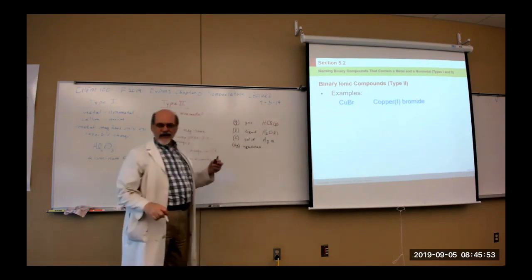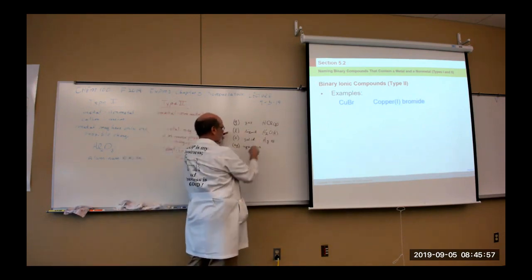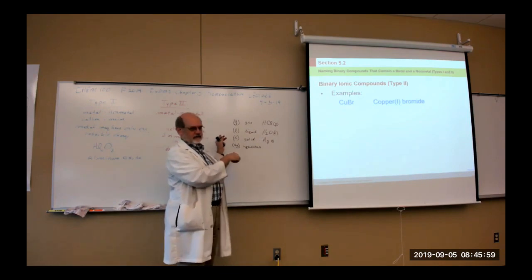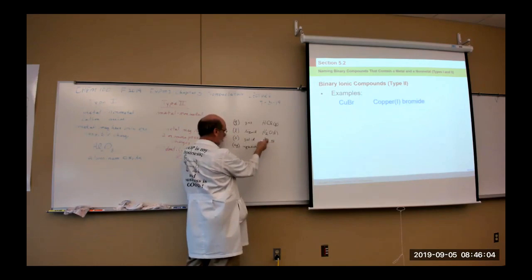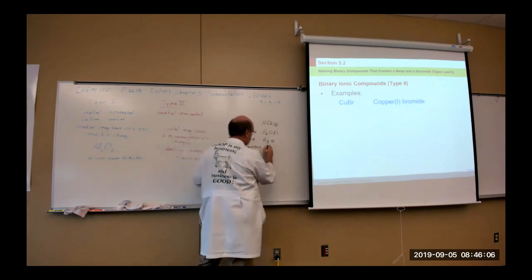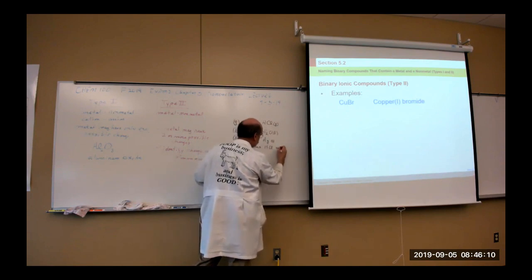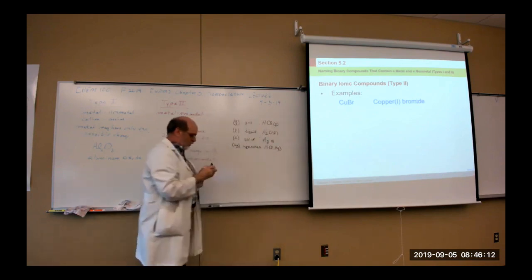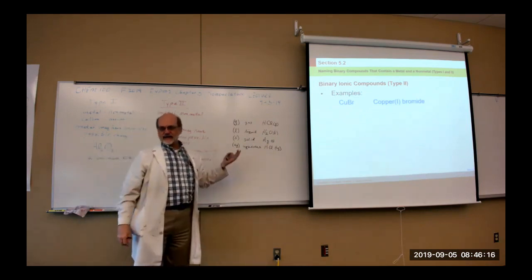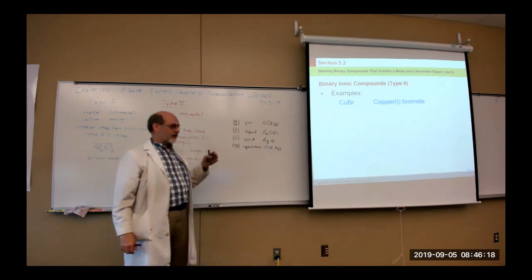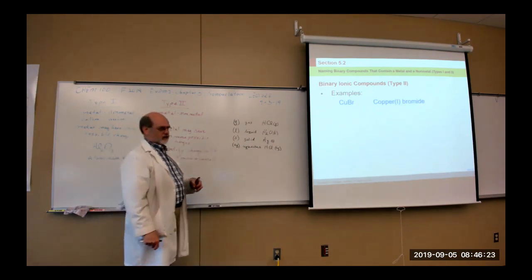Hydrogen chloride, gas. Water, liquid. Dihydrogen oxide. Solid, this is silver, solid. And then aqueous, if we take that gas and dissolve it in water, we get an aqueous solution of hydrogen chloride. And then we use the acid naming convention that we'll get to before the end of this lecture.